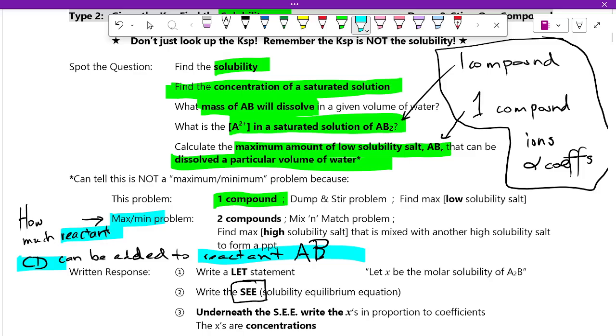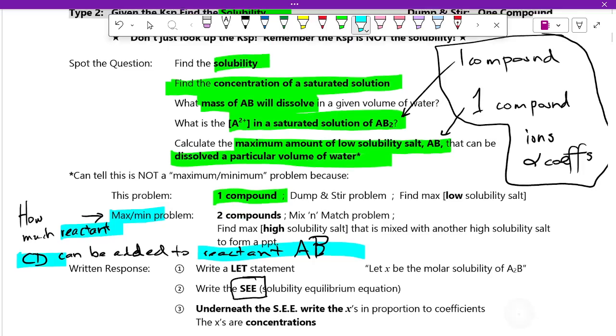And maybe you would end up with compound CB as your low solubility thing. But for all of these questions, remember, unless it's a titration, you should be writing your solubility equilibrium equation and your KSP, and that's probably going to get you at least 1 mark. You know what I mean? Or at least a half a mark, bare minimum. So you're not getting 0 if you write those two things. Only time you don't do it is when it is a titration.